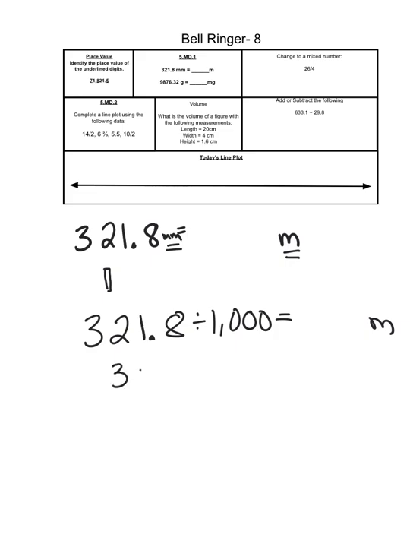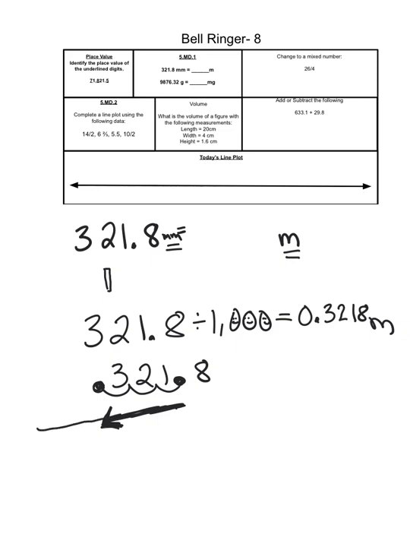And in order to divide this, I'm simply going to move my decimal point over 3 spots to the left, 1, 2, 3, because my number needs to get smaller as I divide. So that's our meters. 3,218 ten-thousandths. Or you could also round that to 322 thousandths of a meter.